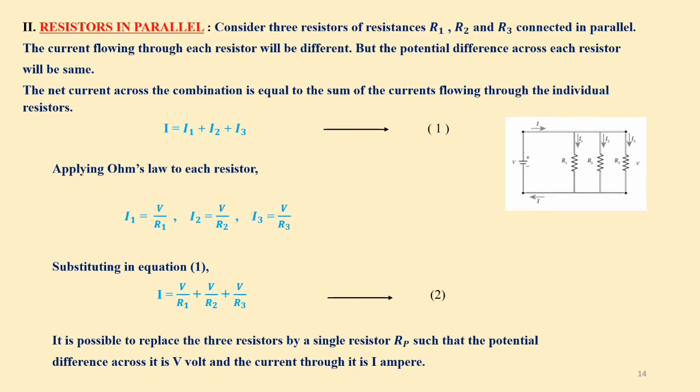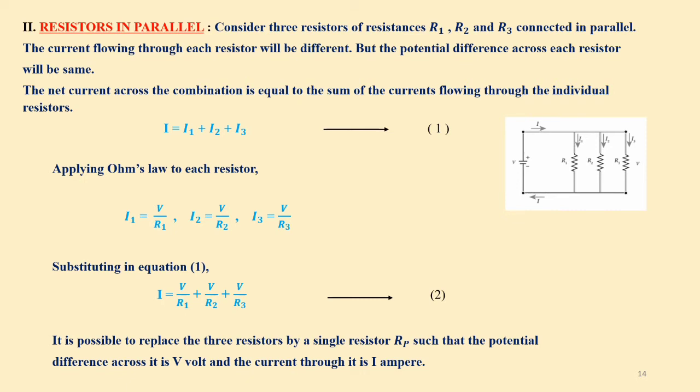Now, the net current across the combination is equal to the sum of the currents flowing through the individual resistors. That is, I equal to I1 plus I2 plus I3. Applying Ohm's law to each resistor, I1 equal to V by R1, I2 equal to V by R2, I3 equal to V by R3.